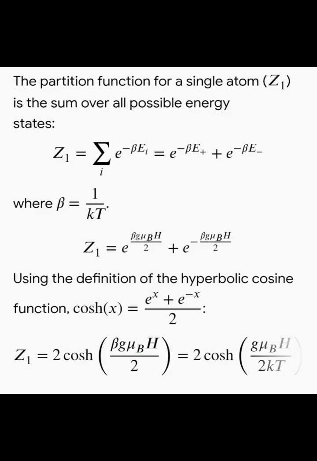Then use the hyperbolic cosine formula, that is cosh x is equal to e raised to x plus e raised to minus x, divided by 2. And here Z1 is equal to 2 cosh of beta g mu B H by 2, and this is equal to 2 cosh of g mu B H by 2kT.